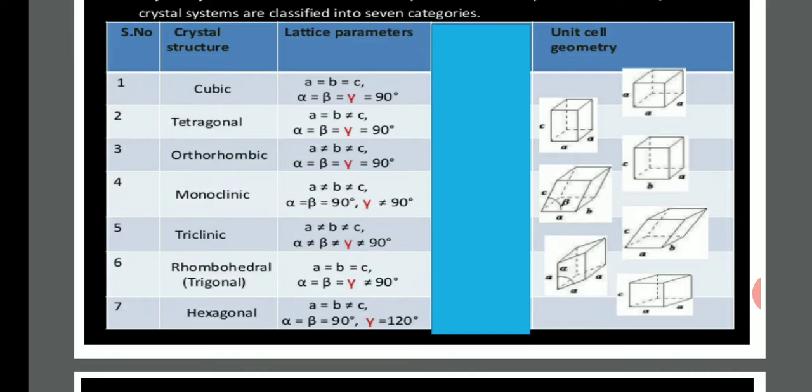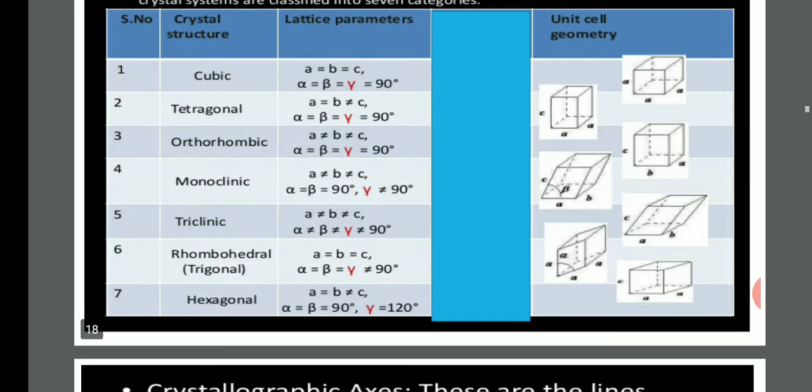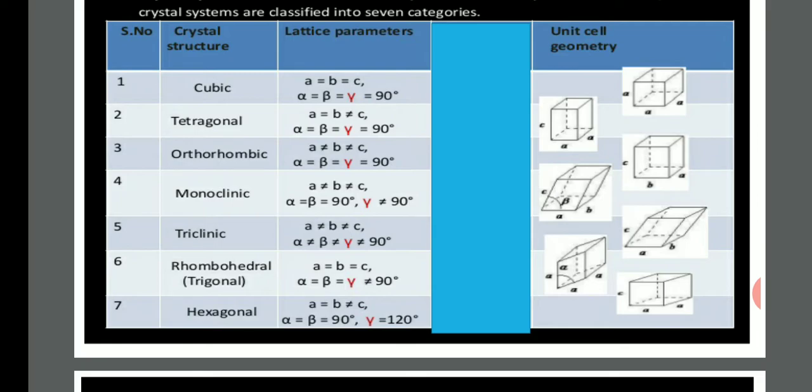Tetragonal is A equal to B not equal to C and alpha equal to beta equal to gamma equal to 90 degrees. Orthorhombic, A not equal to B not equal to C and alpha equal to beta equal to gamma equal to 90 degrees. Monoclinic, A not equal to B not equal to C and alpha equal to beta equal to 90 degrees and gamma not equal to 90 degrees.